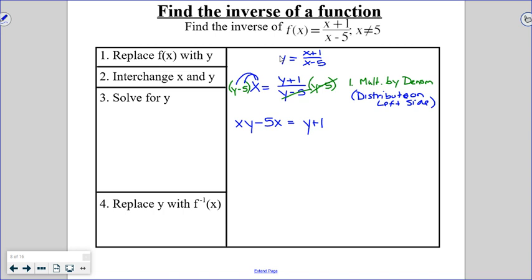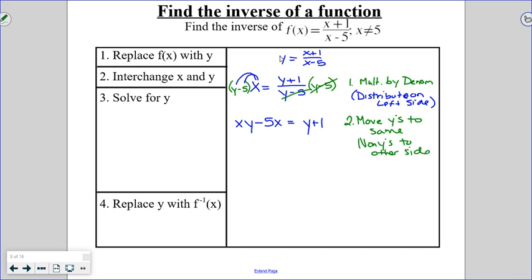Now I'm going to collect all my y's on one side, and I'm going to collect all my non-y's on the other side. Okay. So we're going to move y's to same side, non-y's to other side.